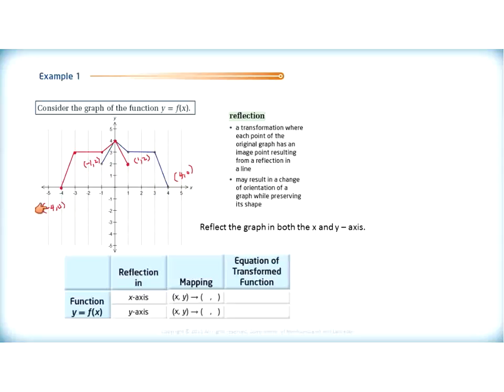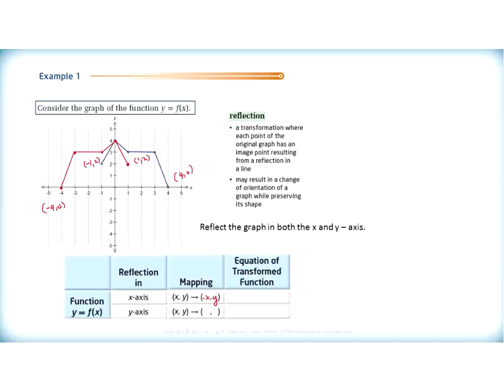So here 4 has become negative 4. Here 1 has become negative 1. Sorry, negative 1 has become positive 1, but the y-coordinate hasn't changed. So you can see that the mapping rule for this is simply going to be (x, y) maps to (-x, y).